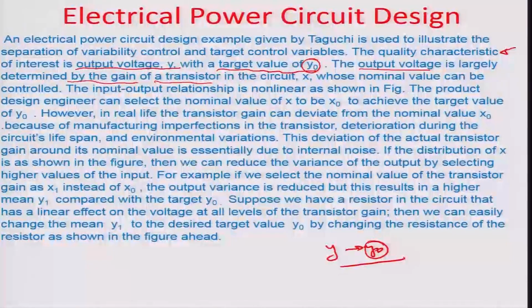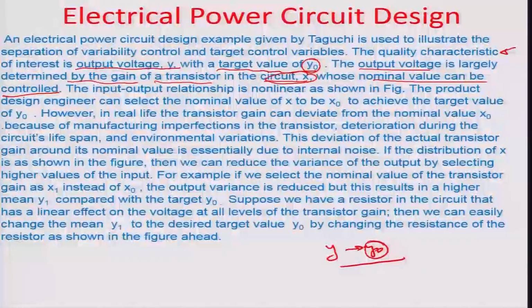In this case let us consider the gain of the transistor circuit to be x, whose nominal value can be controlled, and as you will see the response of the transistor is highly nonlinear, which results in a situation where by intelligent designing we can reduce the variability in the output voltage Y.